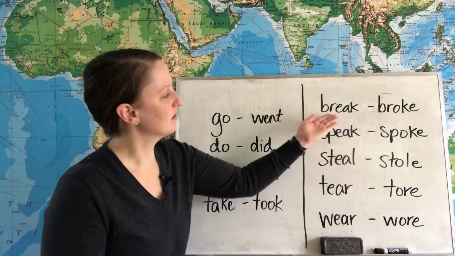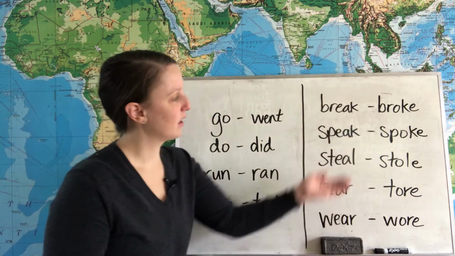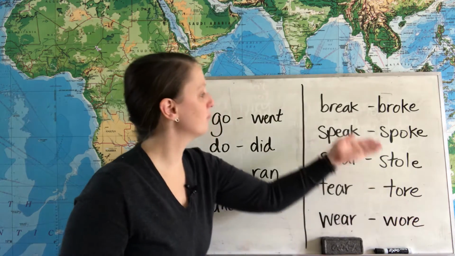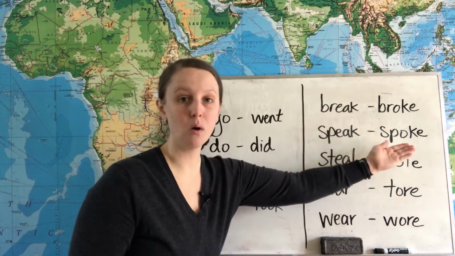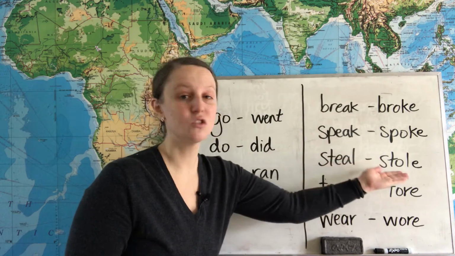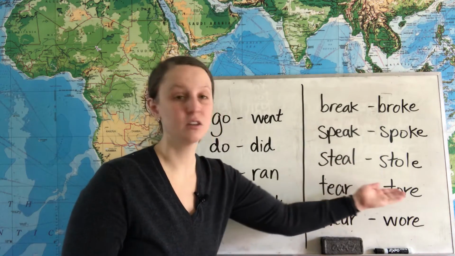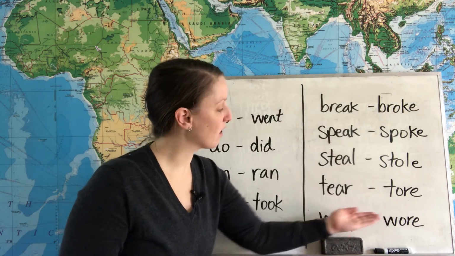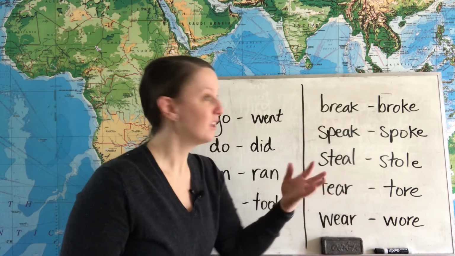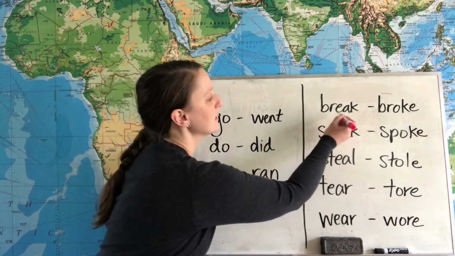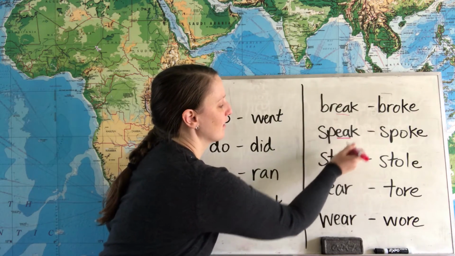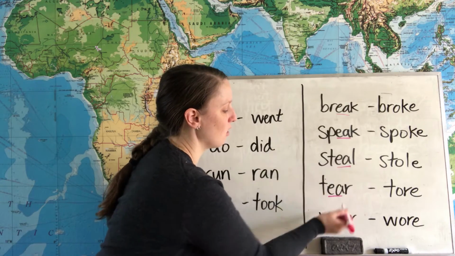Here we have the base form and the simple past form. We have break, broke, speak, spoke, steal, stole, tear, tore, and wear, wore. You might be able to see it already, but we have this EA spelling in all of these words.